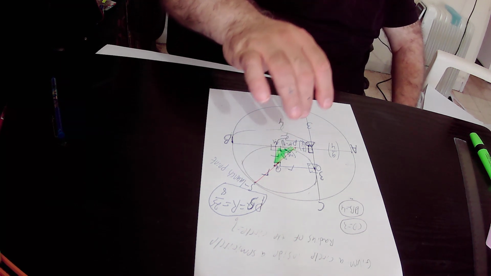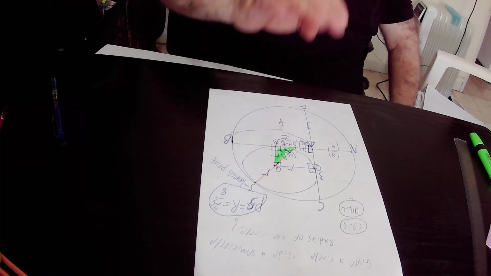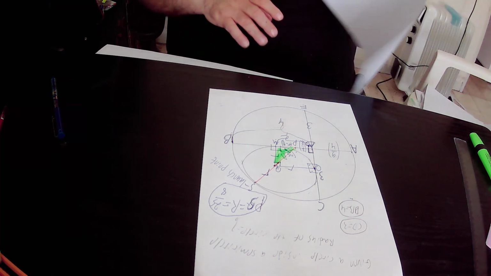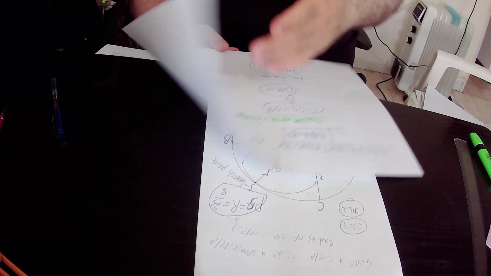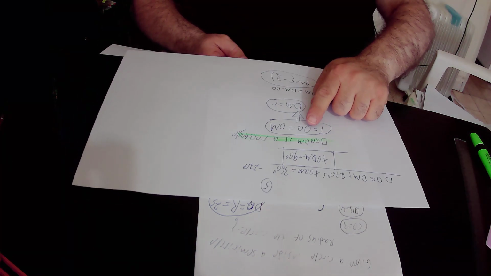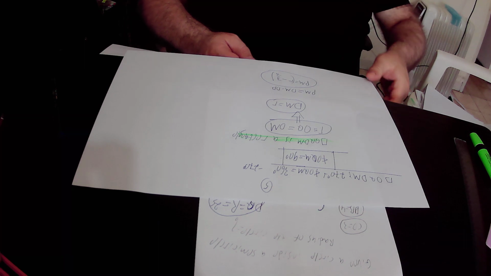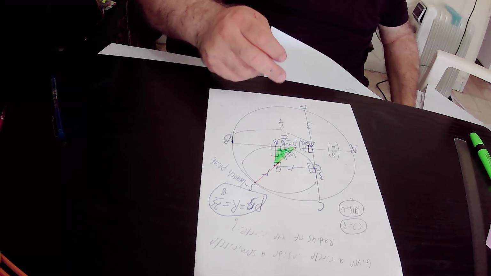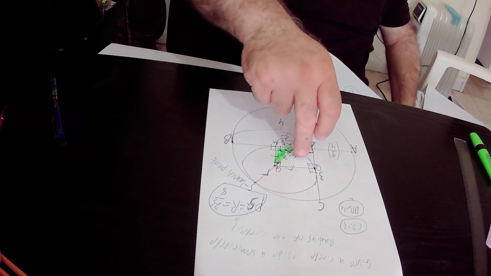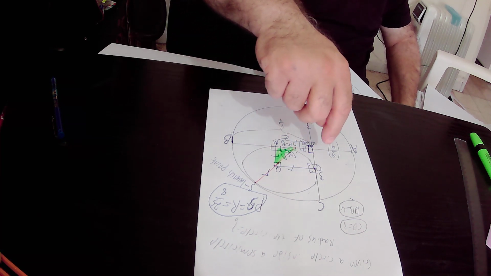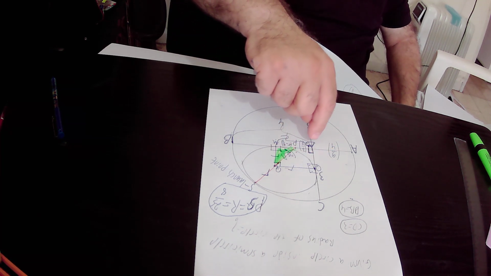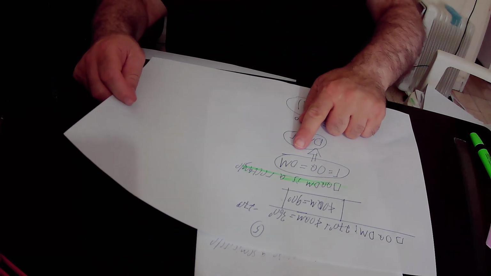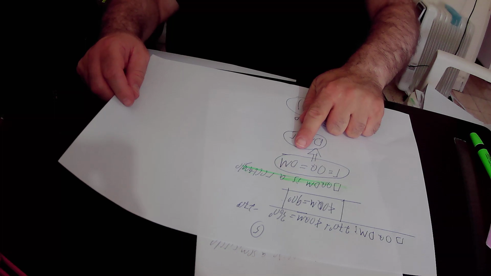Therefore, in quadrilateral OQDM, we have four right angles. And any quadrilateral that has four right angles must be a rectangle. So we will treat quadrilateral OQDM as a rectangle. And we know that the opposite sides of a rectangle are equal to each other. So in rectangle OQDM, side OQ must be equal to side DM, according to the rule that the opposite sides of a rectangle are equal.